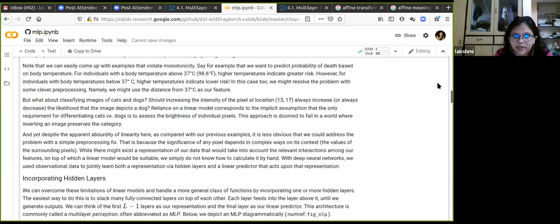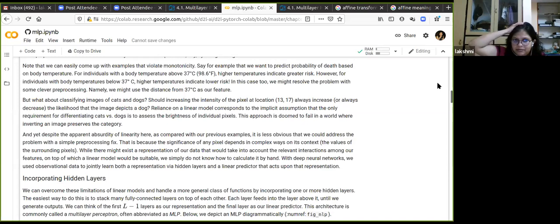While there might exist a representation of our data that would take into account the relevant interactions among our features, on top of which a linear model would be suitable, we simply do not know how to calculate it by hand. With deep neural networks, we use observational data to jointly learn both a representation via hidden layers and a linear predictor that acts upon that representation.